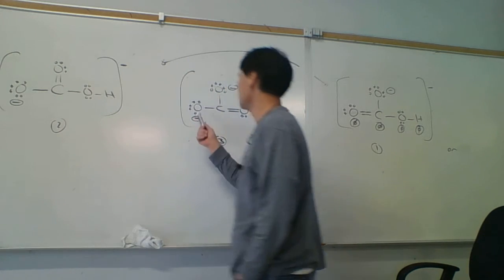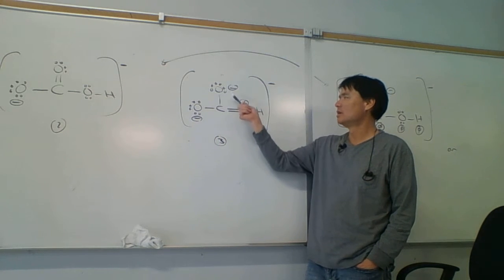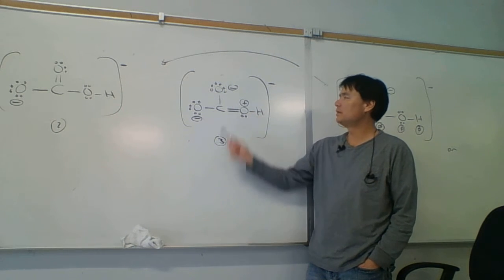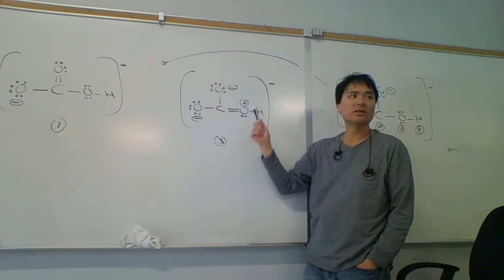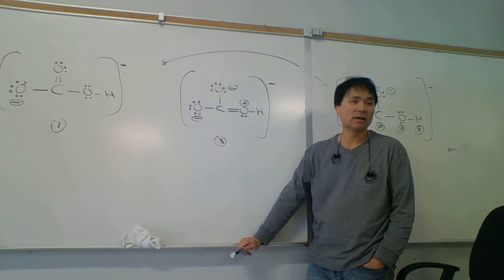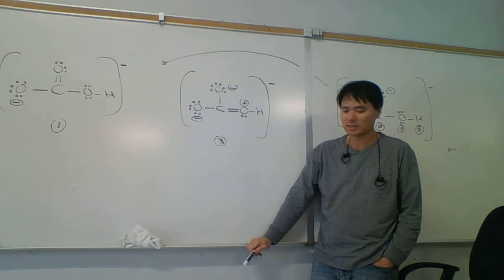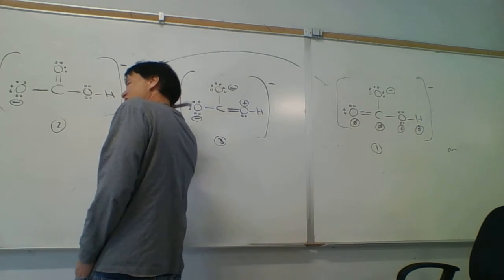And so let's say this oxygen gets a negative charge. Well, that means this oxygen is gaining an electron, this oxygen is losing an electron. So if you have a tug of war between 2 oxygens, does one oxygen win and the other lose? You think, oh, oxygen versus oxygen, it should come out as a tie. This one isn't. This one we have a winner and we have a loser. Well, that's not stable. And so it turns out that this structure isn't as stable as the other 2.